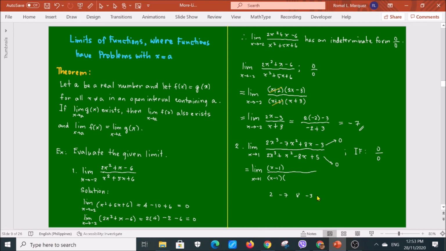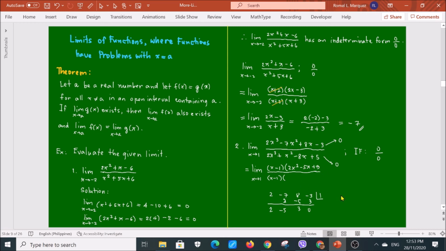Since x approaches 1, and x minus 1 is one of the factors, you put 1 here. Quickly: 2, 1, 5, 2, negative 5, negative 5, 3, 3, 0. So the other factor is 2x squared minus 5x plus 3. That's the other factor. Okay?